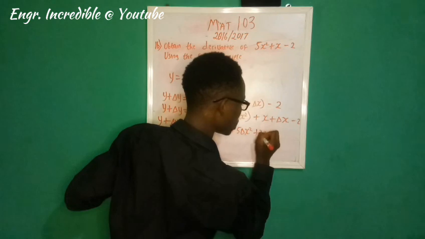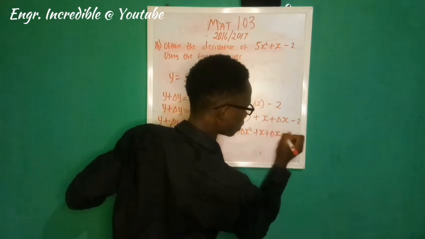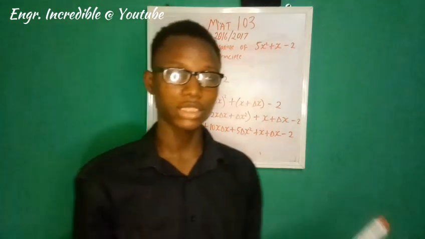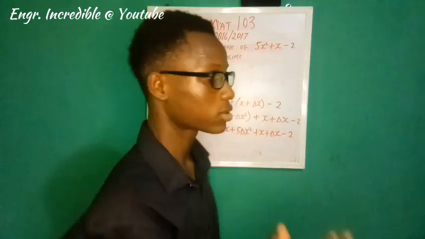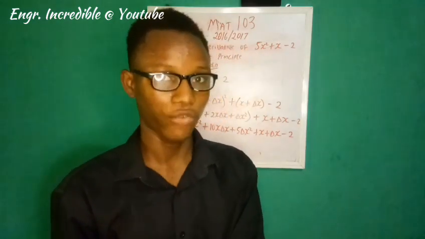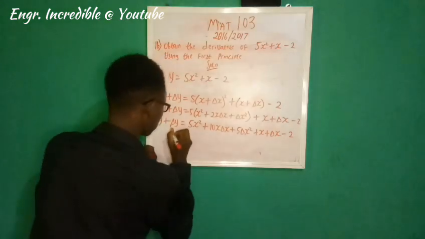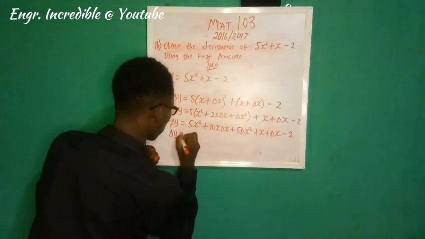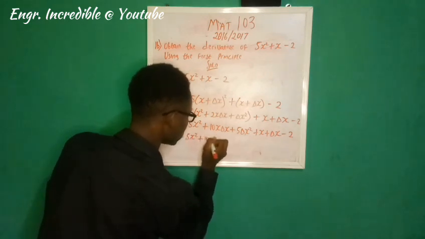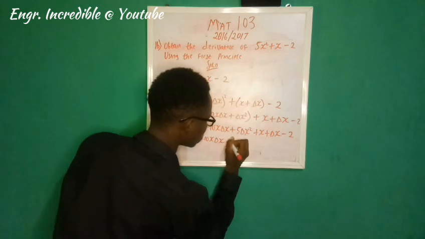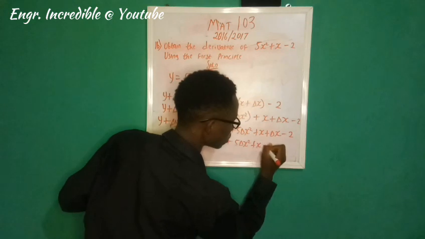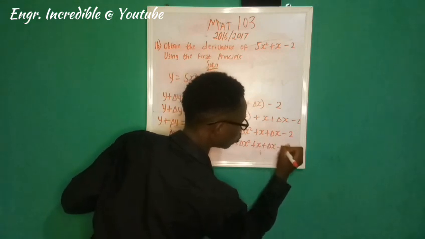Then we have our plus x plus delta x minus 2. Now after simplifying it, what we are going to do next is make delta y the subject of the formula. So we have delta y is equal to 5x squared plus 10x delta x plus 5 delta x squared plus x plus delta x minus 2.